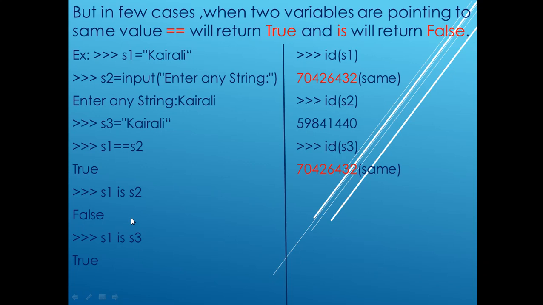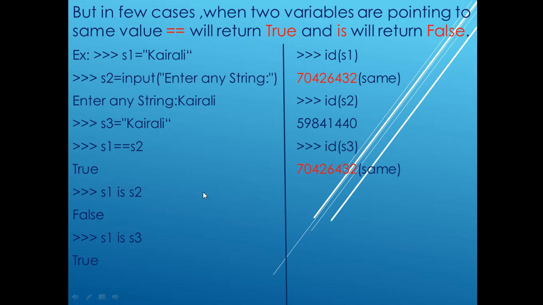The third statement I have written, S1 is S3, S1 is Kerali and S3 is Kerali. Both are Kerali string, so it will return true. But what about this very case? Why do S1 and S2 return false?